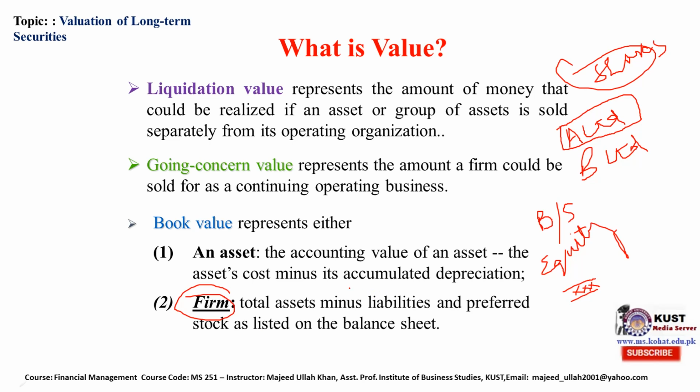So when we deduct liabilities, meaning all liabilities, long term and short term, and preferred stock from assets, what remains in total assets? That remaining portion is equal to the equity section of the company. So all the amount included in the equity section is called the book value of the company.